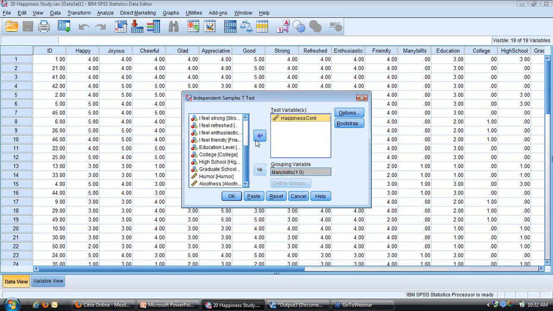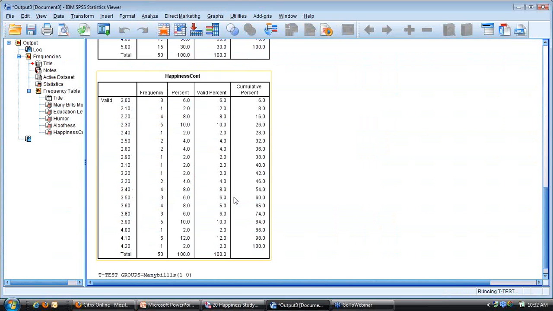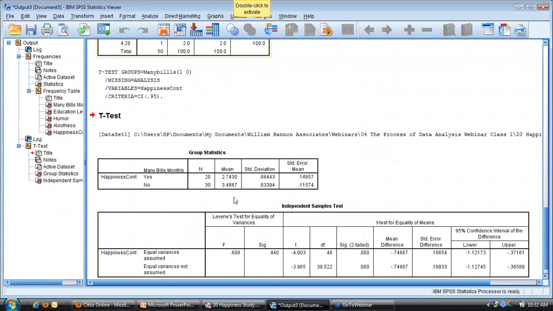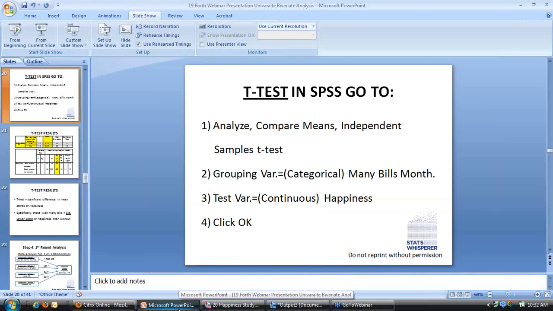And then we're all set up to do our test. We click OK. And there's the t-test output. This is also in our slides. I'll go over that, but to look very quickly here, this is the output for our t-test, group statistics and independent samples.